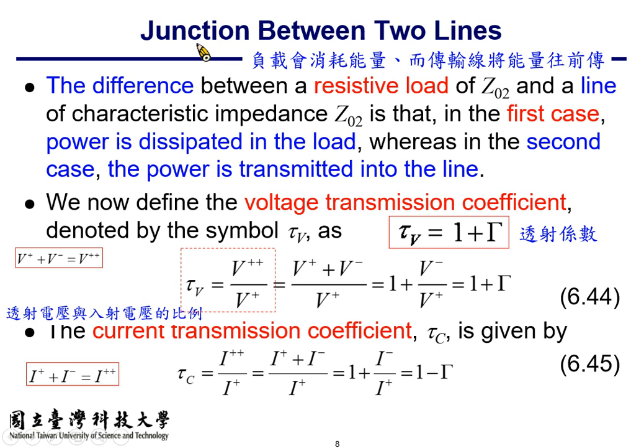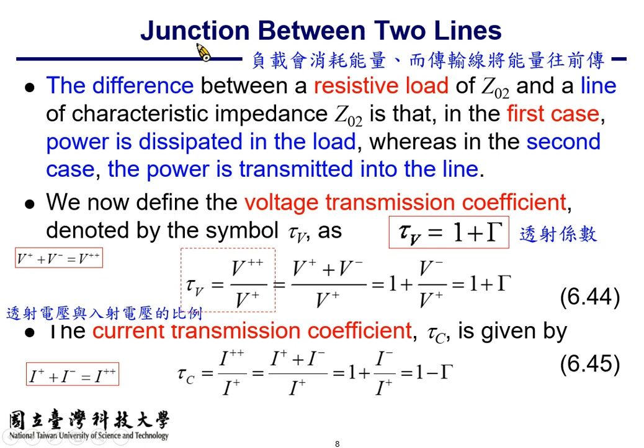Very similar to the definition of the reflection coefficient, right? And if you take advantage of the boundary condition that V double plus equals the sum of V plus and V minus, you can write up the expression for the transmission coefficient like this.